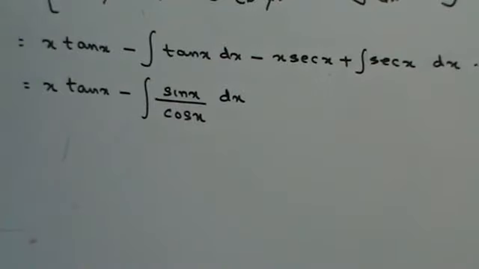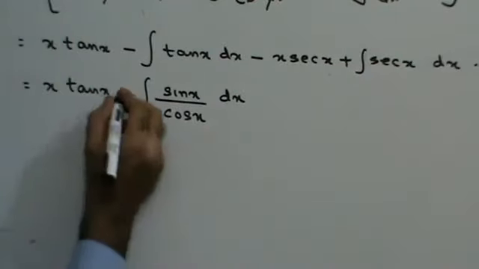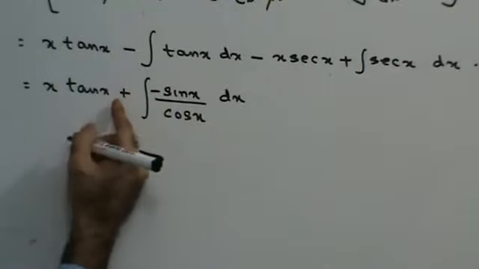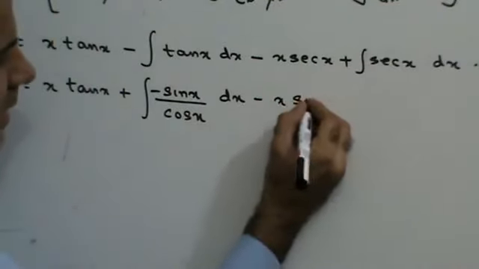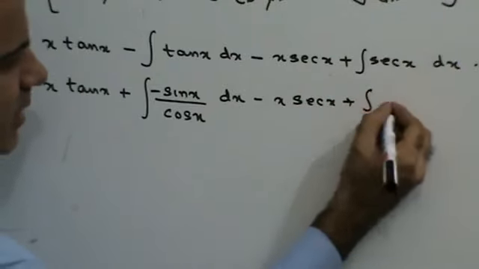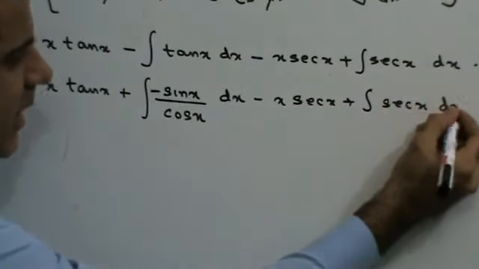d by dx of cos x is minus sin x. I take the minus sign inside and write the plus sign out here as it is, minus x sec x plus integral of sec x dx.